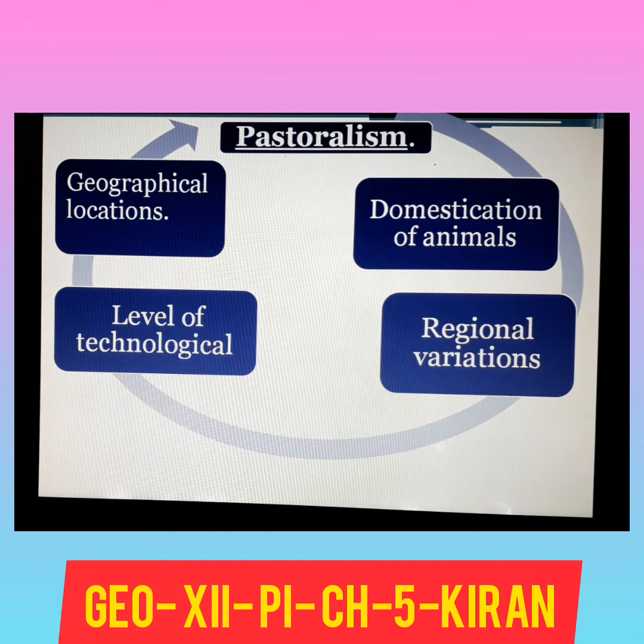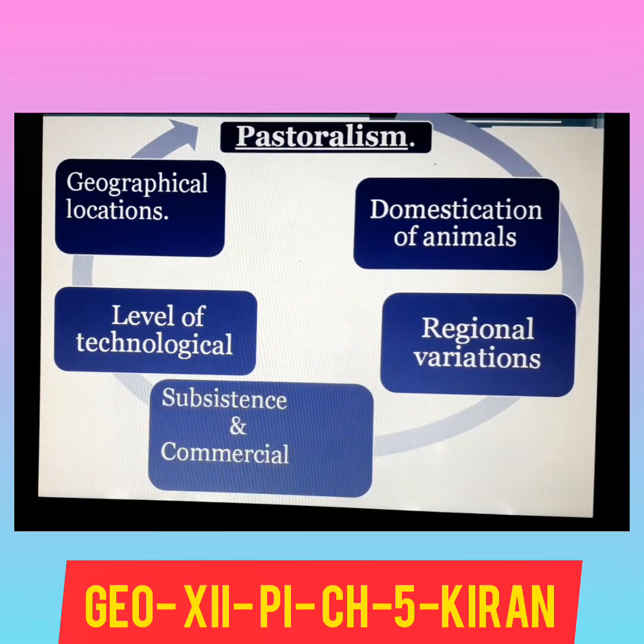It is also an economic activity which is practiced by the primitive people and also the countries with low economic development. This is also having a subsistence and a commercial form. Commercial rearing of animals is very advantageous.